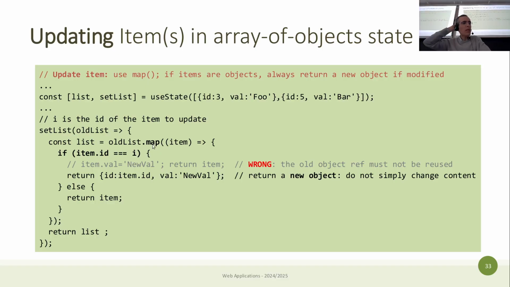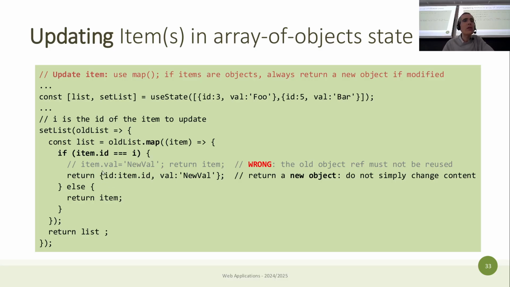But if you need to update, map is the easiest thing. If you find the element you're interested in, for instance, by the ID. In this case, I didn't use the index, I used the ID. I is the ID of the item to update because, I don't know, I received some information from the user, from the server, whatever. I don't care. Just return a new object. You see that I opened the curly bracket here.